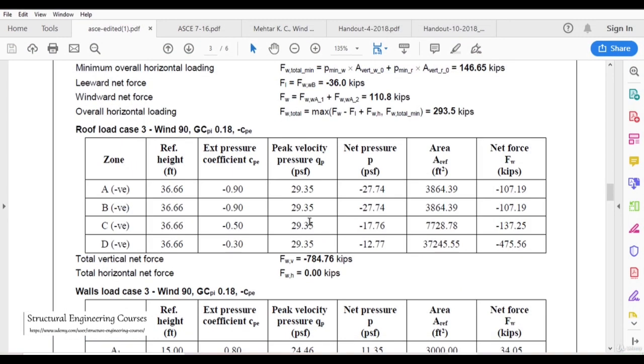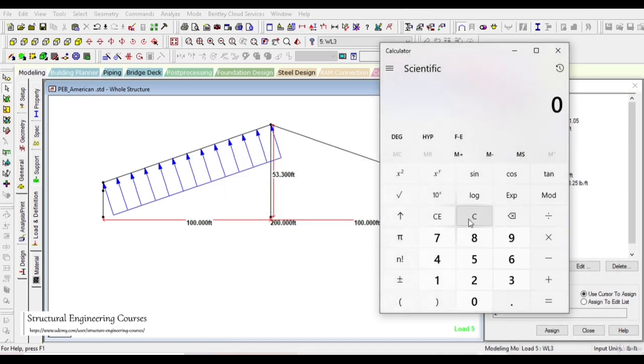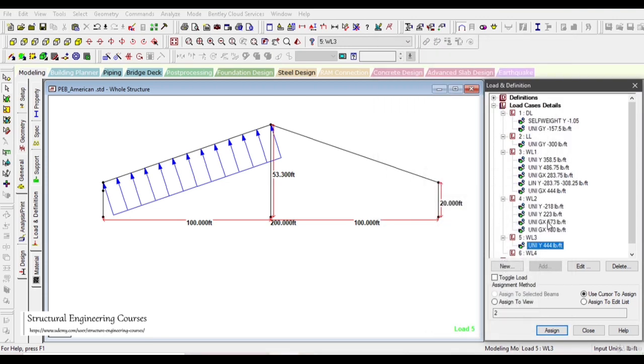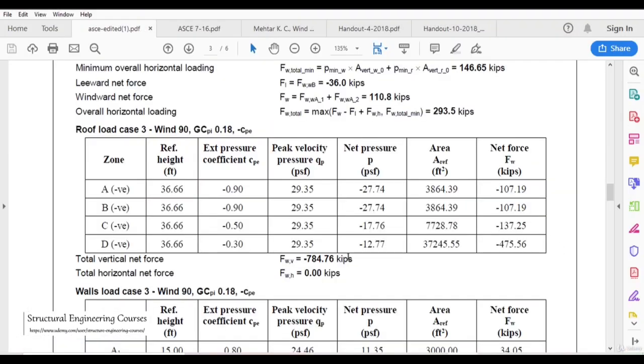After that, for this we need to multiply 12.77 into 25, so it comes out to be 320. Both of these loadings are acting away from the structure.